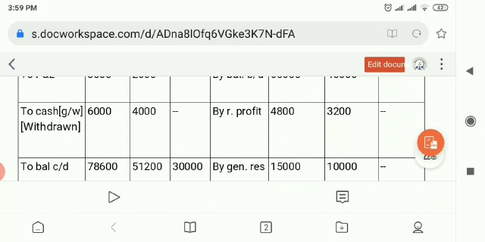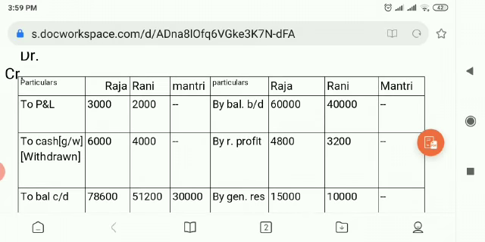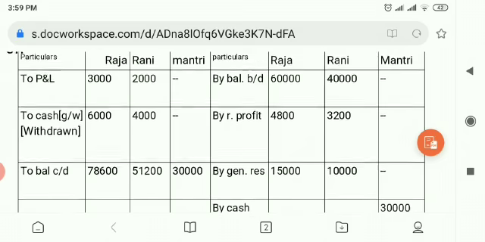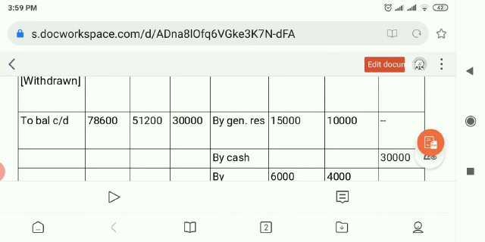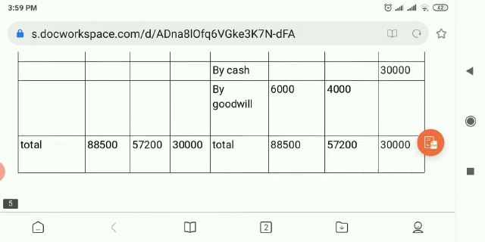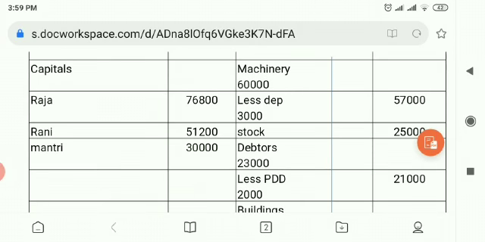So go on minusing the amount of the P&L and the cash withdrawn in the form of goodwill, and you get 78,600. For Raja, Rani 51,200, Mantri 30,000. That balance carried down is the capital of the new firm. Come to your balance sheet. You have written the capital accounts.